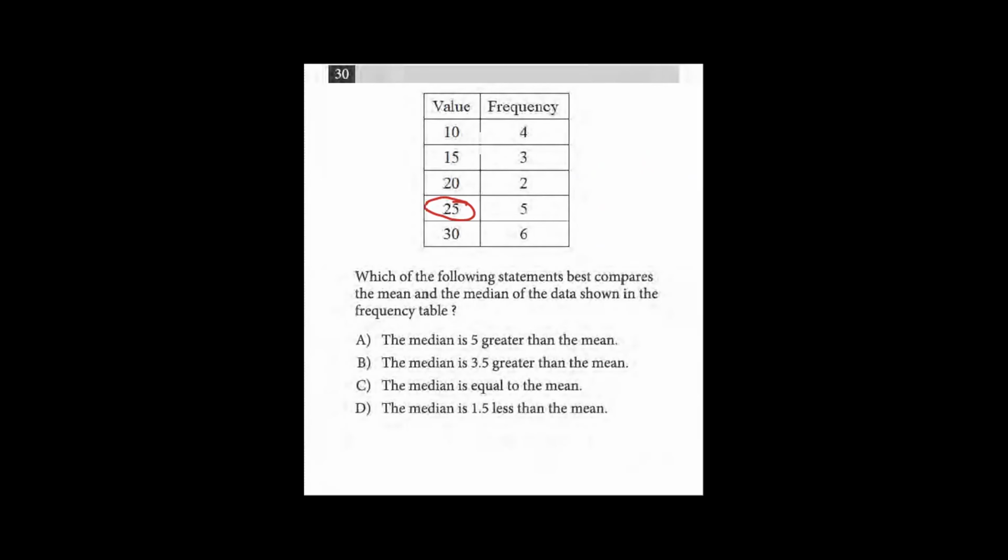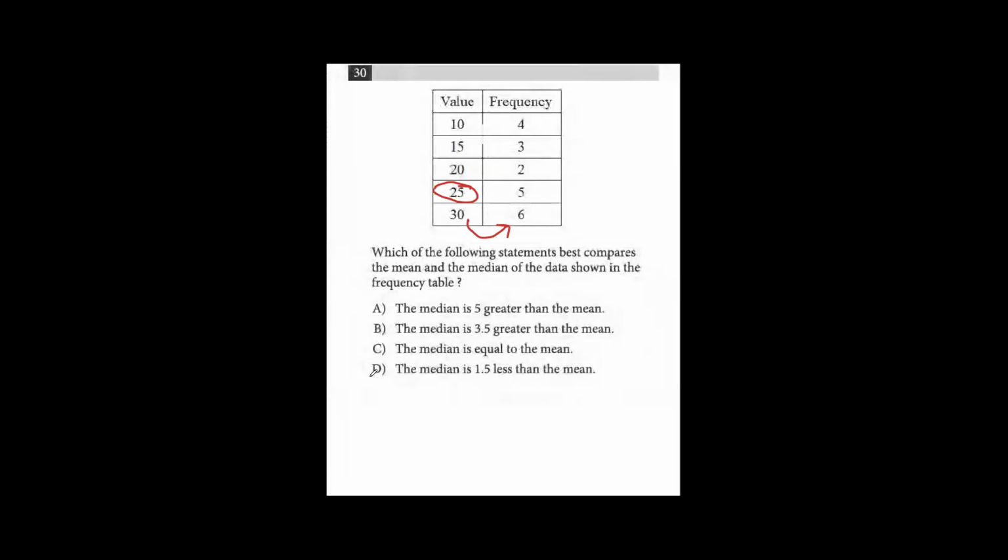Anyway, so that's the median, and then for the mean, we just have to multiply the values by the frequencies. So in that case, we have 10 times 4 plus 15 times 3 plus 20 times 2 plus 25 times 5 plus 30 times 6.